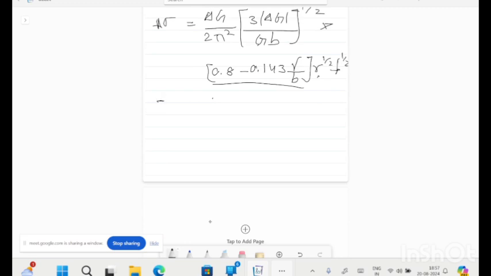Next is interfacial energy hardening. Interfacial energy hardening occurs due to the interaction between precipitate and moving dislocation.